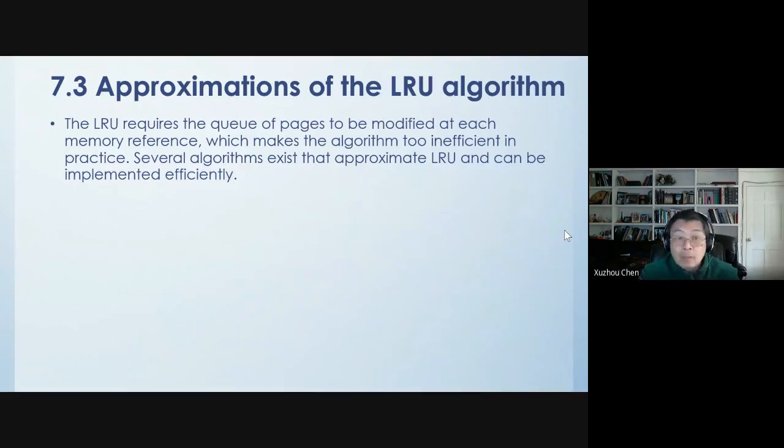Now, the least recently used algorithm is really a good algorithm. Not as good as optimal, but because you replace the page based on history, it's realistic and doable. Unlike optimal, where you should have knowledge of the future execution, the least recently used algorithm is doable.